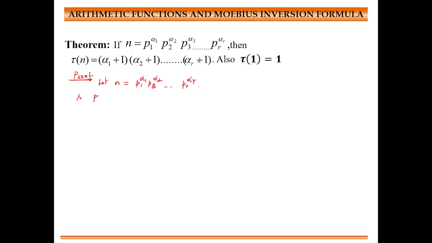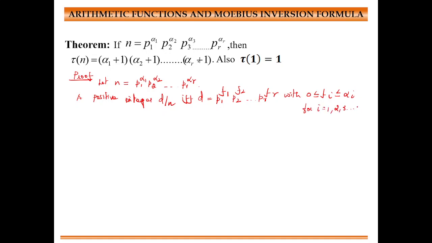A positive integer d divides n if and only if the divisor d can be expressed as a product of prime powers, p1 to the power f1, p2 to the power f2, etc., pr to the power fr, with 0 less than or equal to fi less than or equal to alpha i, for i equal to 1, 2, 3, etc., r.